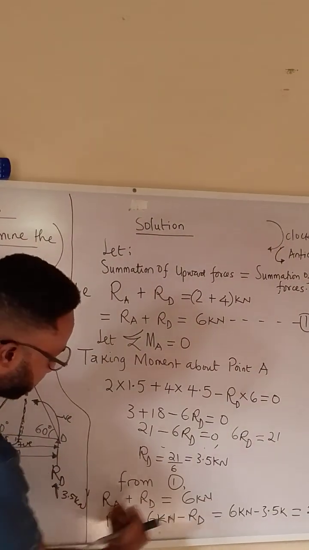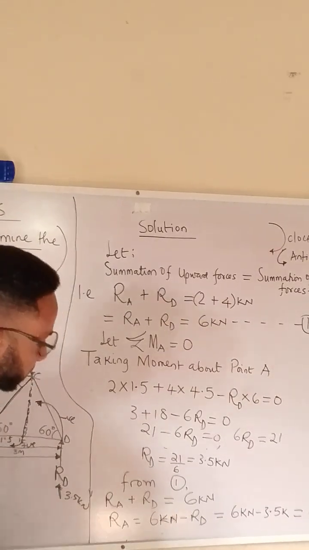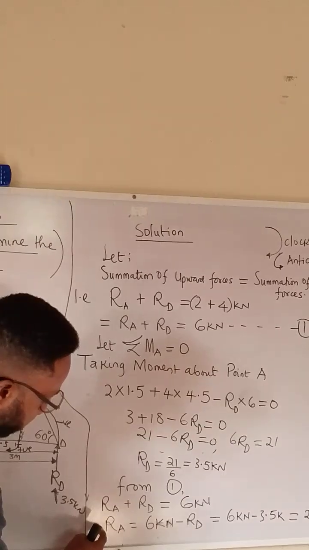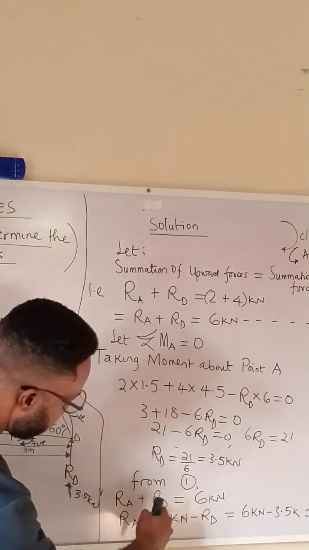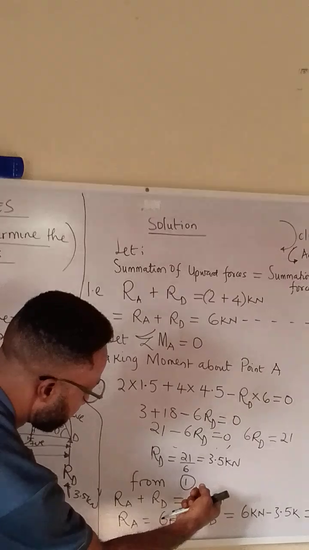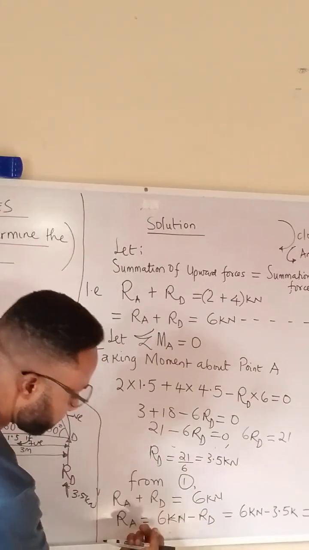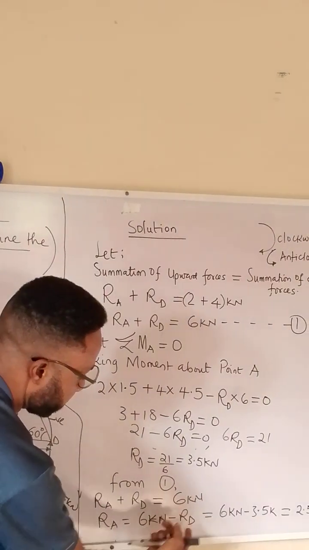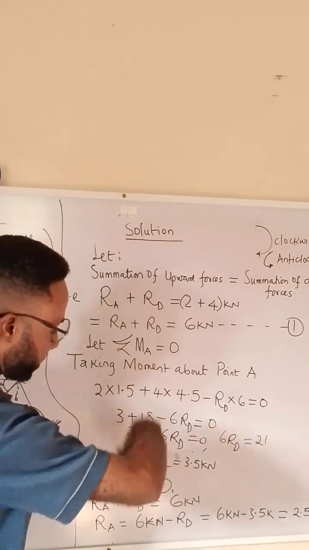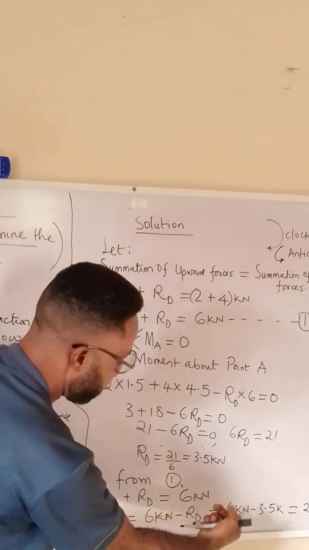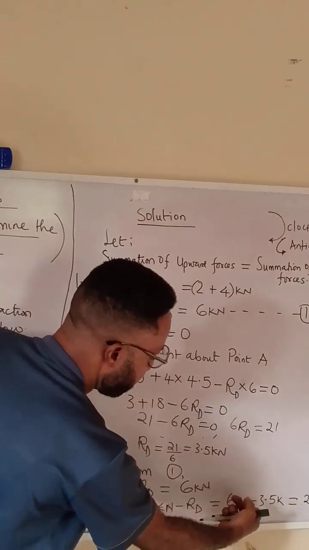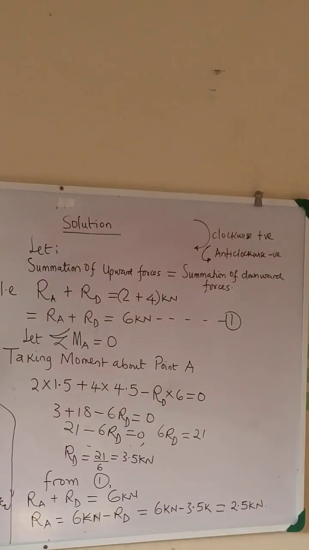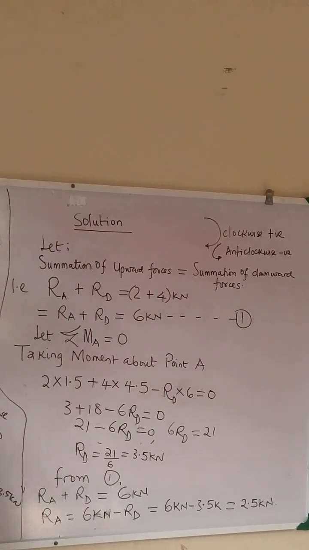RD crosses the sign of equality and becomes negative, so RA equals 6 kilonewton minus RD. Bringing in the value of RD, we have 6 kilonewton minus 3.5 kilonewton, and the value of RA becomes 2.5 kilonewton.